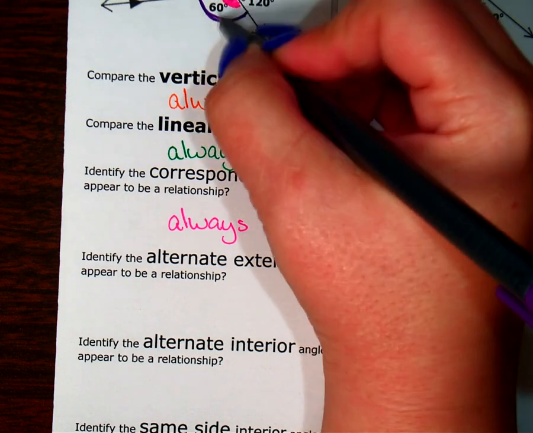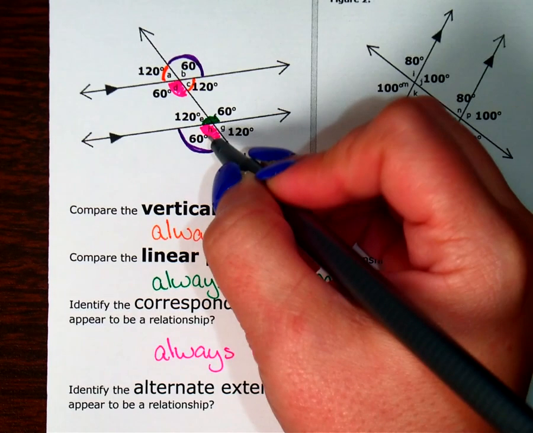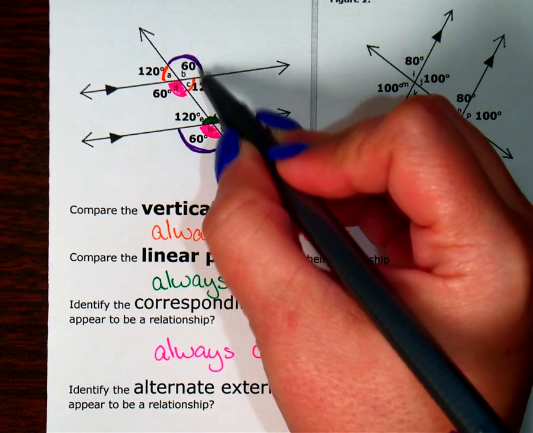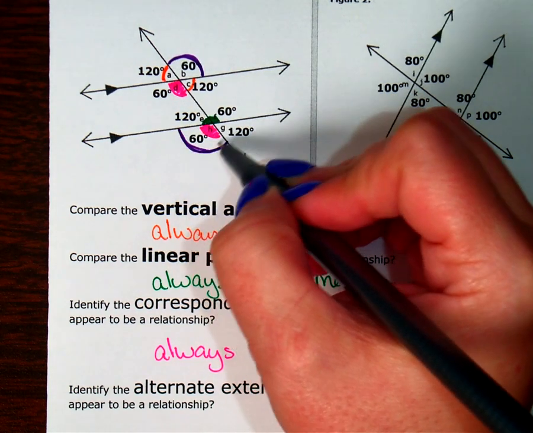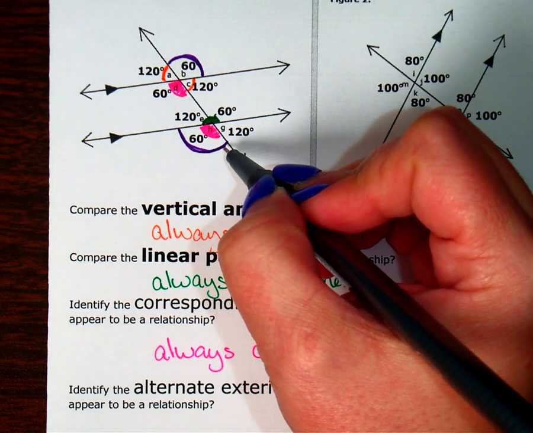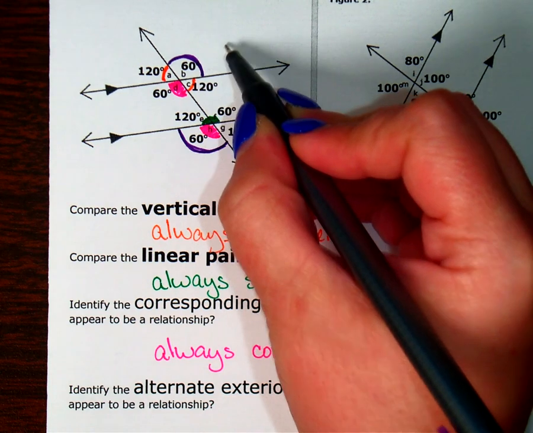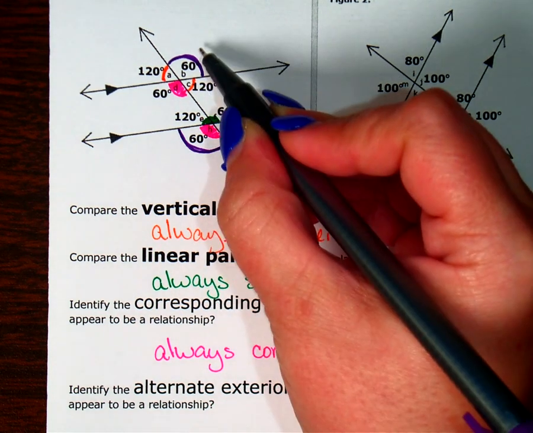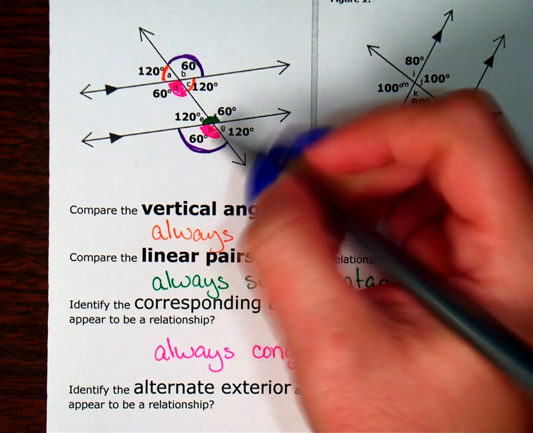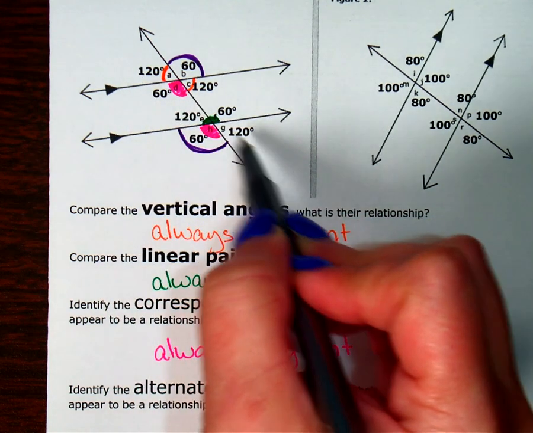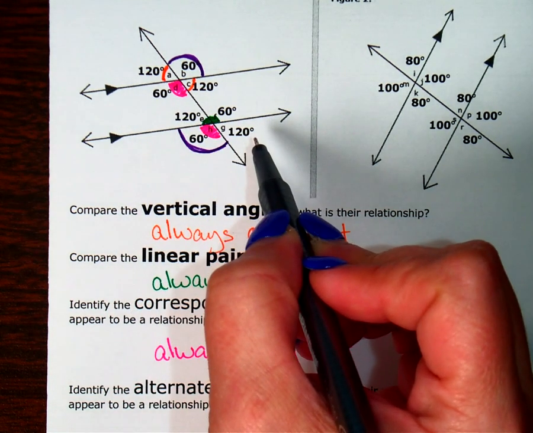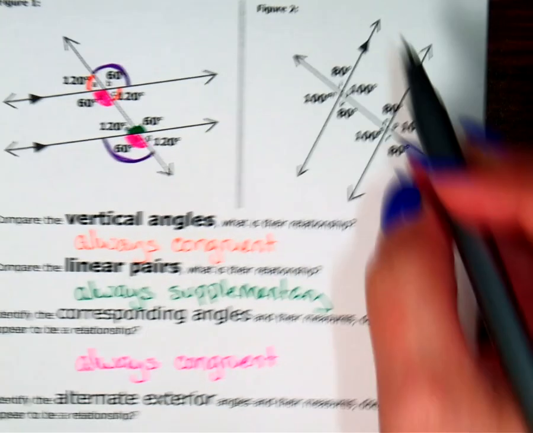So these two angles are alternate exterior, and they're both, oops, y'all couldn't see that. These two angles are both outside the lines, so they're exterior, and one's to the right of the transversal, one's to the left. So these are alternate exterior, and notice they're both 60. My other set of alternate exterior are both 120, so they're equal.